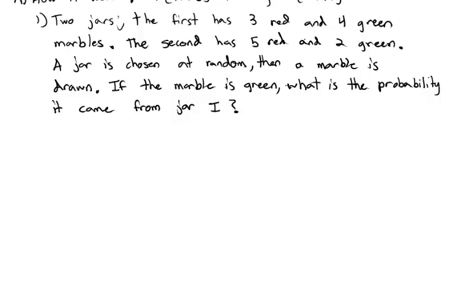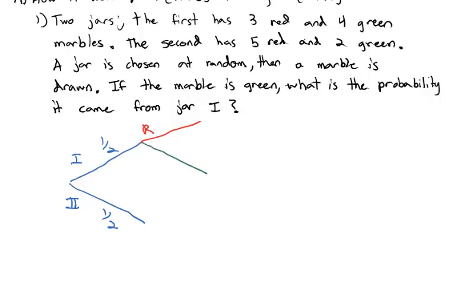Well, let's take a look at the tree diagram that models this situation. We could either come from jar 1 or jar 2, and we're going to say there's a 50-50 chance, a 1/2 probability that we went with jar 1, and a 1/2 probability that we go with jar 2. Then we could end up with a red marble or a green marble.